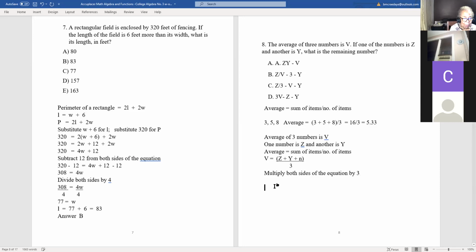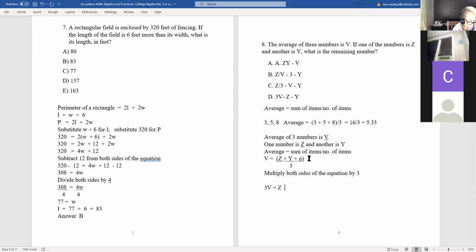So what would that give me? It's going to be 3V equal to what? Because when I multiply the 3V by 3, the 3's are going to cancel and that'll be 1. So what would that be equal to?